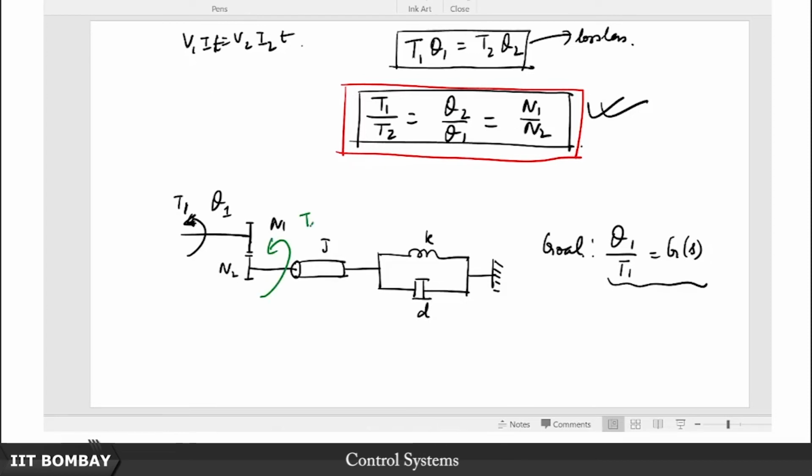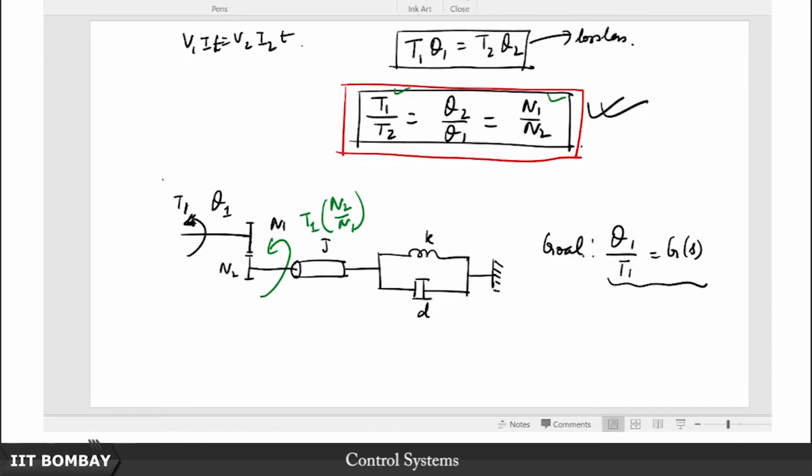I am using this relation, and I know that I am going from the N1 side to the N2 side. So what is going to be my torque applied on the other side? It is going to be nothing but N2 over N1, because this is T1, this is T2. So T2 is going to be T1 times N2 divided by N1. That is exactly what I have written here.